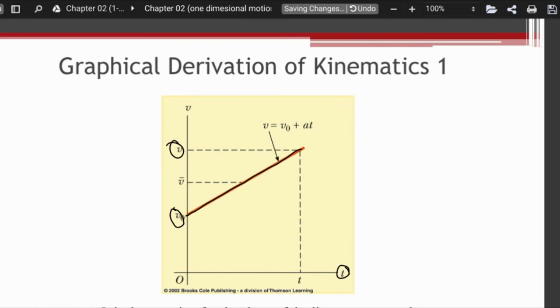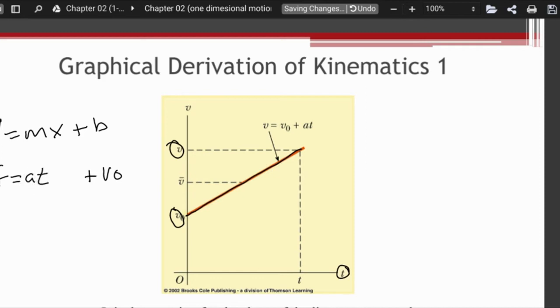We know from our algebra courses that y is equal to mx plus b. Well, y is going to be where you're located, your final velocity. The y-intercept is your initial velocity. For this particular line, the slope of a velocity time graph is acceleration, and our x component is time.